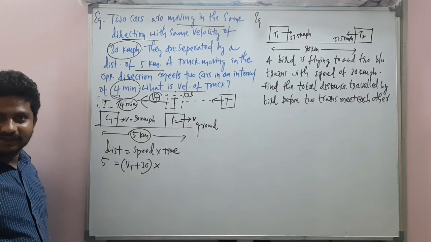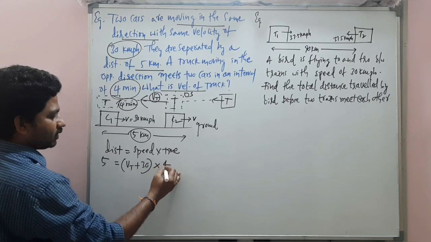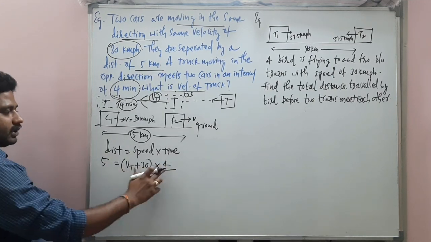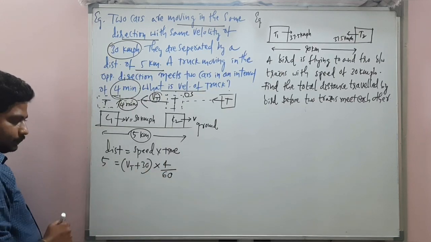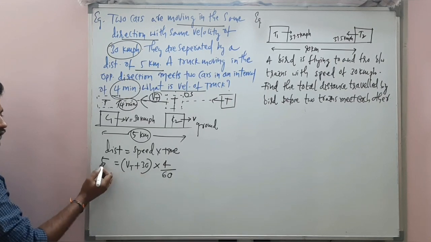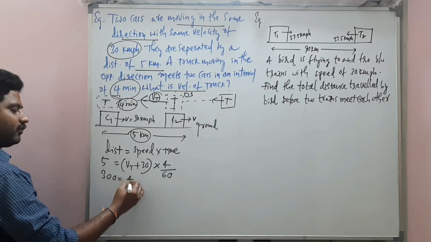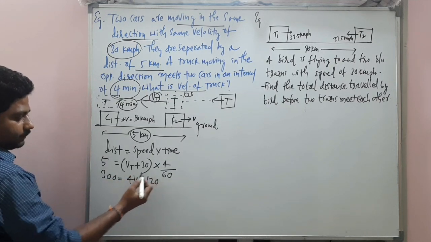4 minutes needs to be converted into hours, because this is in kilometer per hour and this is in kilometer. So let's convert this into hours. Now, this is 6 5s, 300 is equal to 4 Vt plus 120.